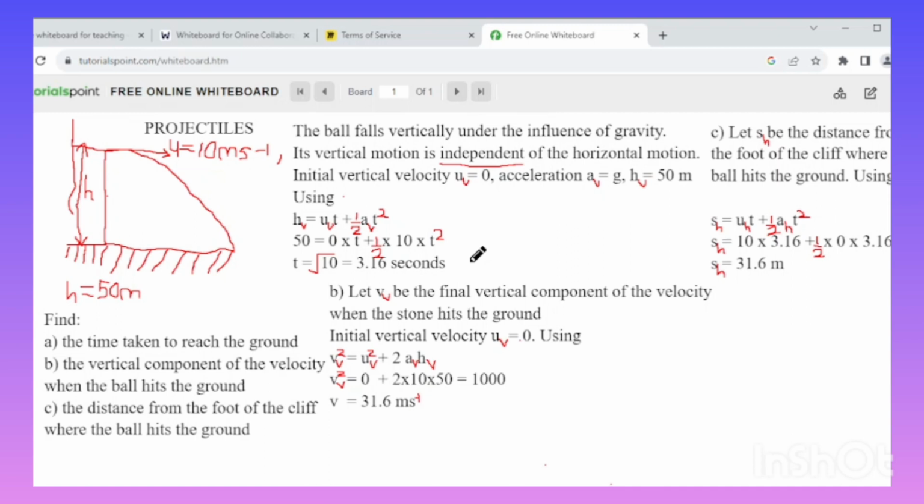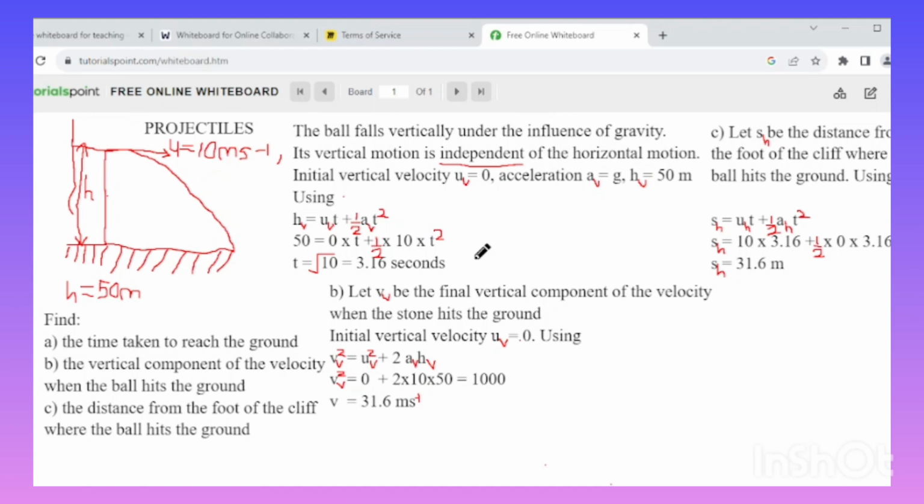Its vertical motion is independent of the horizontal motion. So please note, a ball thrown in this way is performing two types of motion. One, it is falling under gravity, and that is why the ball is dropping from where it is thrown to the ground.